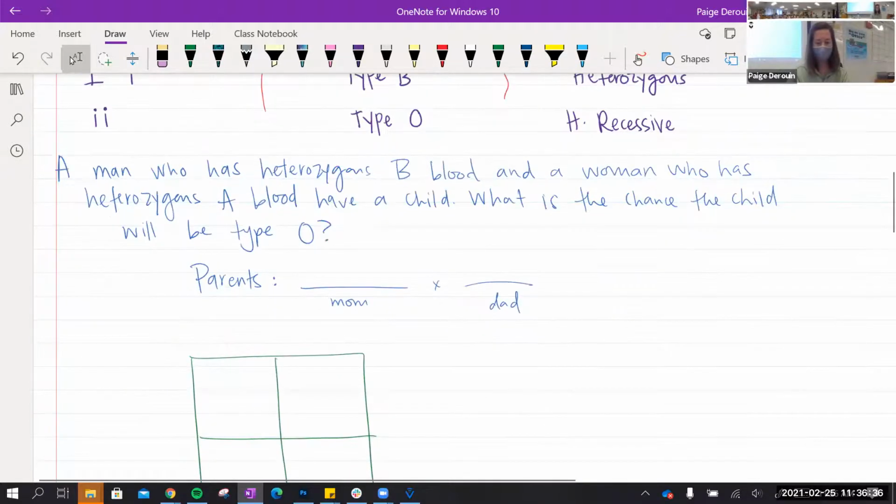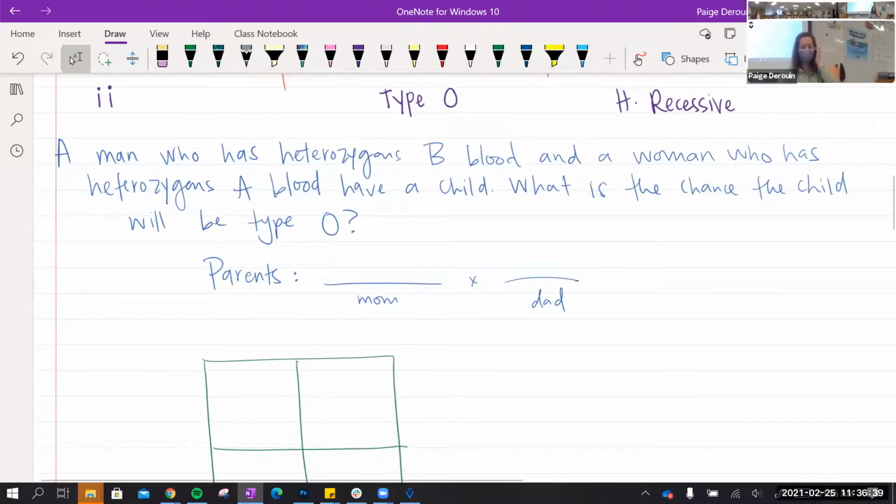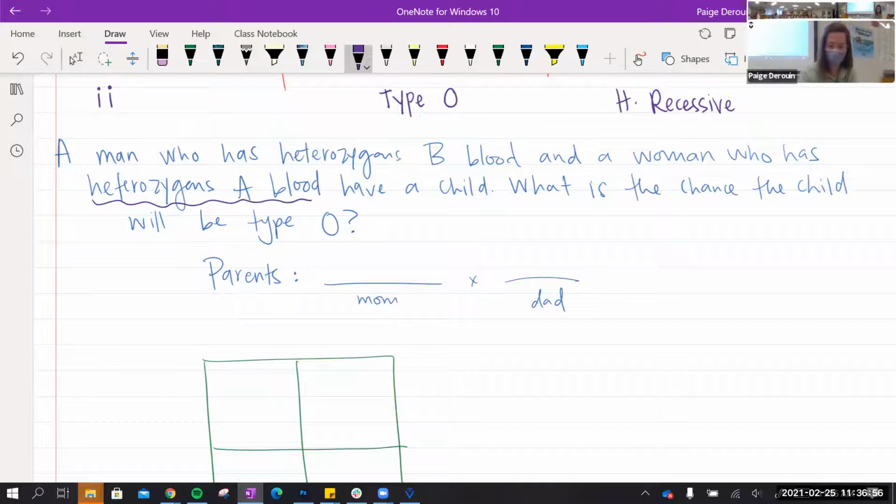All right, we have a man who has heterozygous B blood and a woman who has heterozygous A blood, and they have a child. What is the chance the child will be type O? So what will be our mom's genotype? Mom is I capital A, small i, because she's heterozygous.